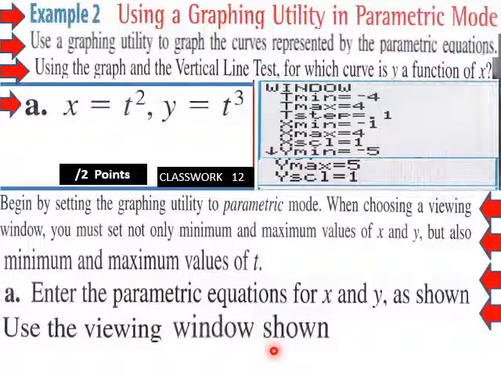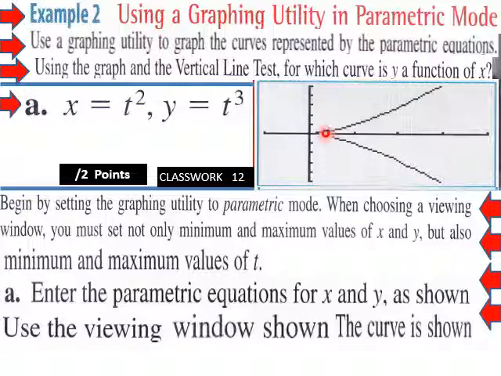Use the viewing window shown. So when you do that, let's make sure that you set your viewing window here. You have a y max 5, y scaling of 1, and so on. Students, go into your window parameters and make sure it's set like that.